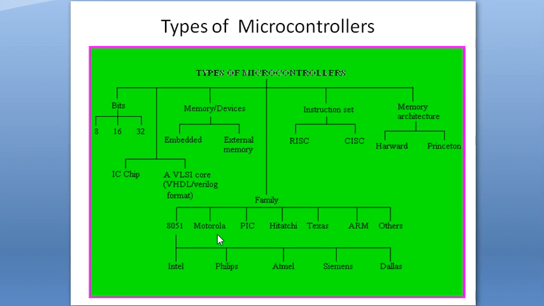Then we have Motorola, PIC microcontrollers, Hitachi, Texas, ARM, and some other companies also manufacturing microcontrollers. Based upon the instruction set, we have RISC and CISC controllers. Based upon the architecture, we have Harvard architecture and Princeton architecture.